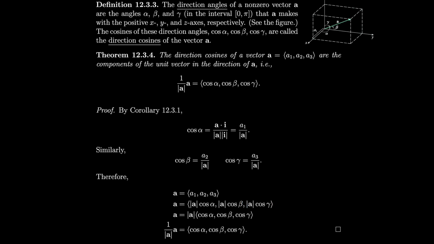But then this length of A is a scalar, so we can pull that out. So we factor out the scalar, and we get the length of A times the cosines is equal to A. We divide both sides by the length, and we get the unit vector version of A is equal to the components with the cosine of each of the direction angles.